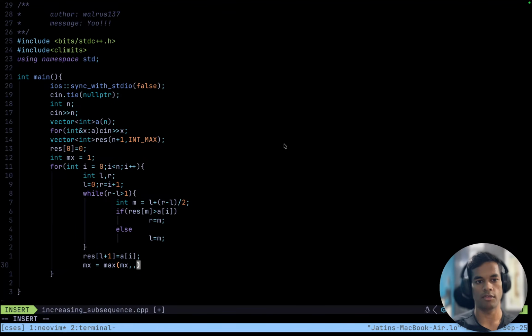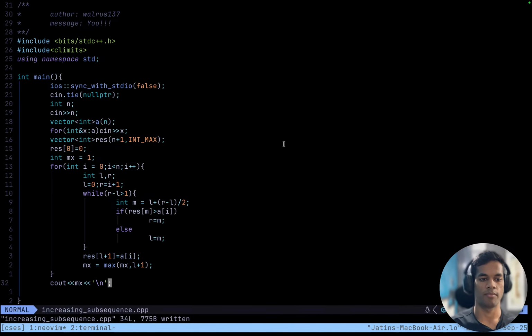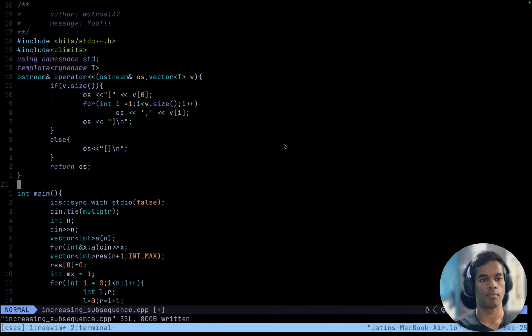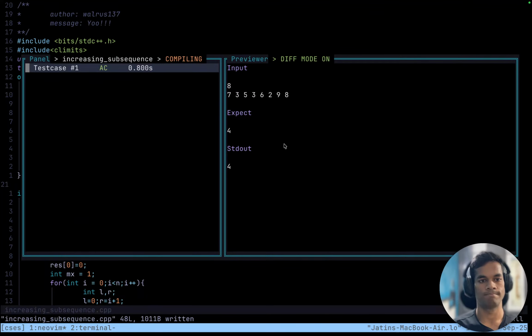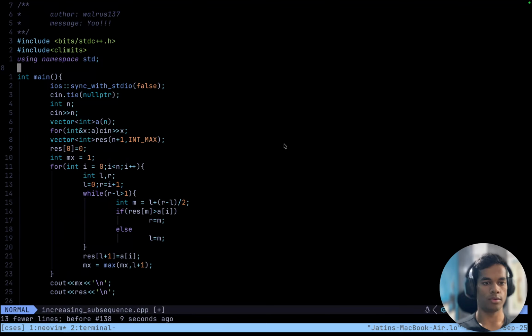Maximum of mx comma L plus 1, because L plus 1 is a length that we are able to have here. Cout mx. Okay, it is working. Okay, let's actually even see what res has to say. Okay, it has to say quite a bit. Yeah, cool.